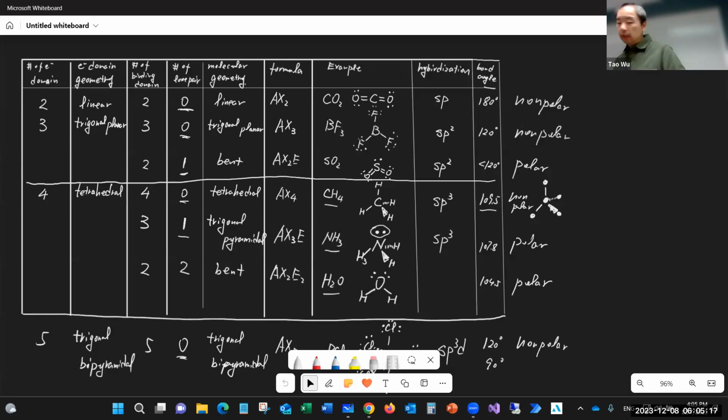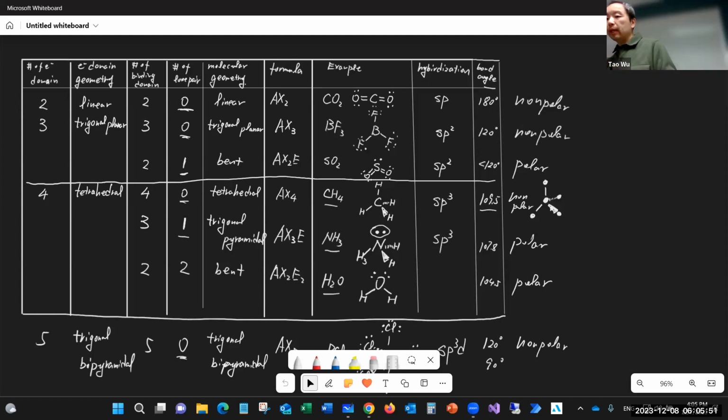So first of all, let's review a little bit what we talked about last time. Last time we talked about the most important thing, the geometry of the molecule. Based on different electron domains, we have different geometries. 2 electron domains is linear. 3 electron domains is trigonal planar. 4 electron domains is tetrahedral. 5 electron domains is trigonal bipyramidal.